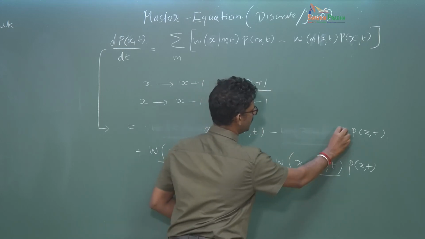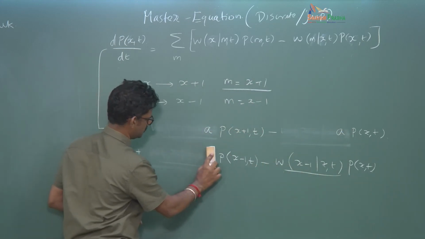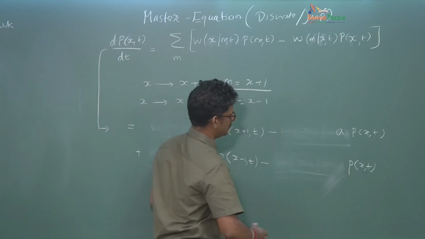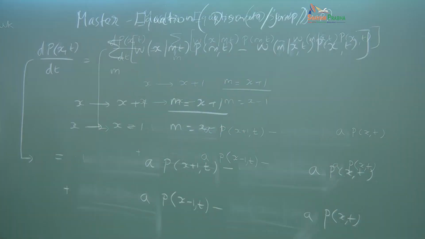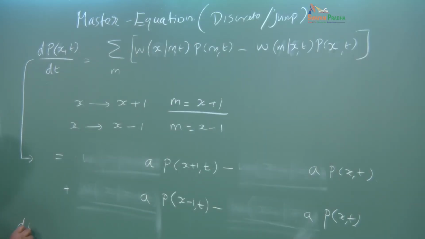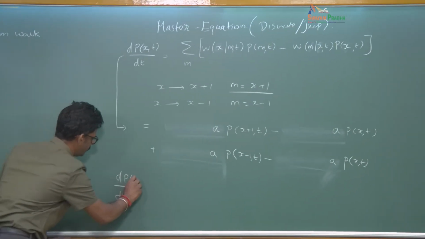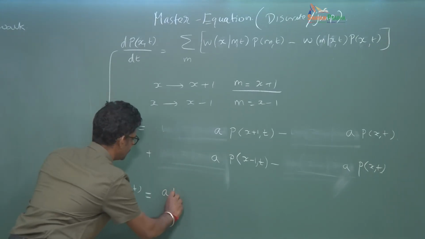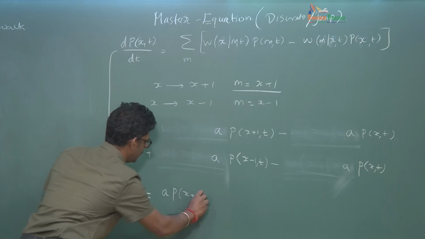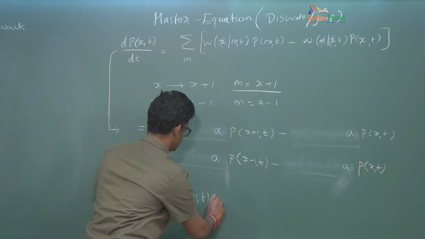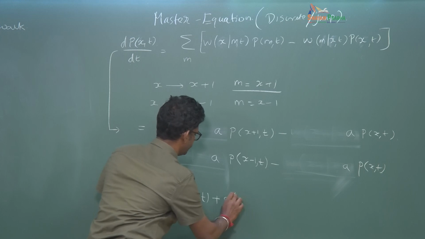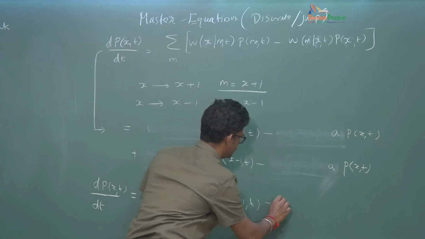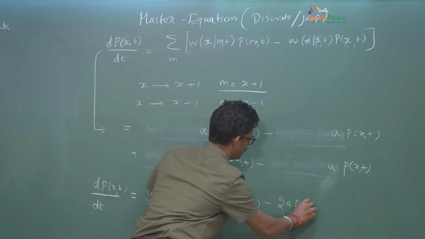This also becomes just a. So in other words, we are saying that dP/dt of position x comma t is a times P of x plus 1, t, plus a times P of x minus 1, t, minus 2a P of x comma t.